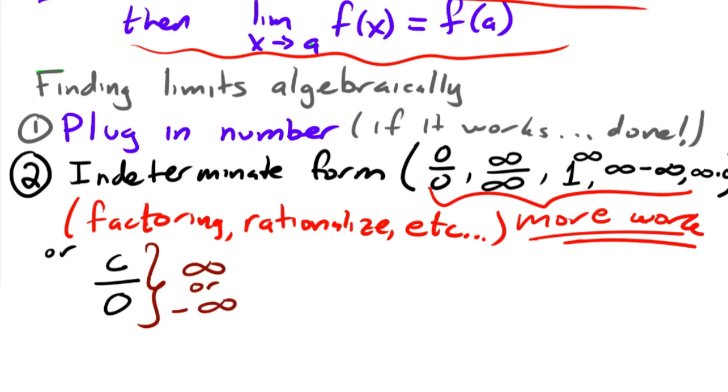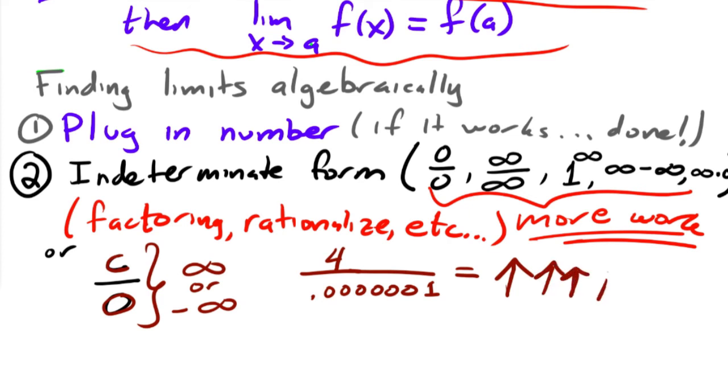Because the top is going to be a constant and the bottom is going towards 0. If you have a constant number like 4 and you're constantly dividing by a smaller and smaller number, this whole thing is going to blow up and get bigger and bigger. So it's going to go to either infinity or negative infinity. We'll talk about that case in a bit as well. So let's do some examples.